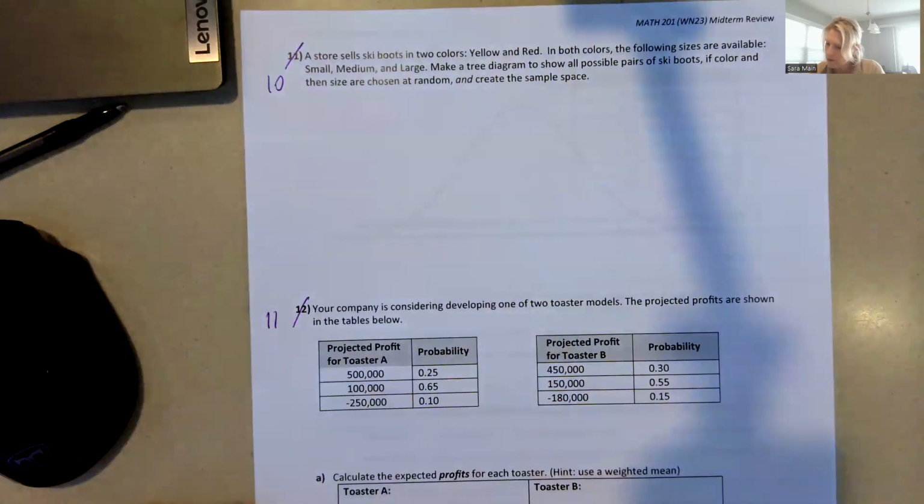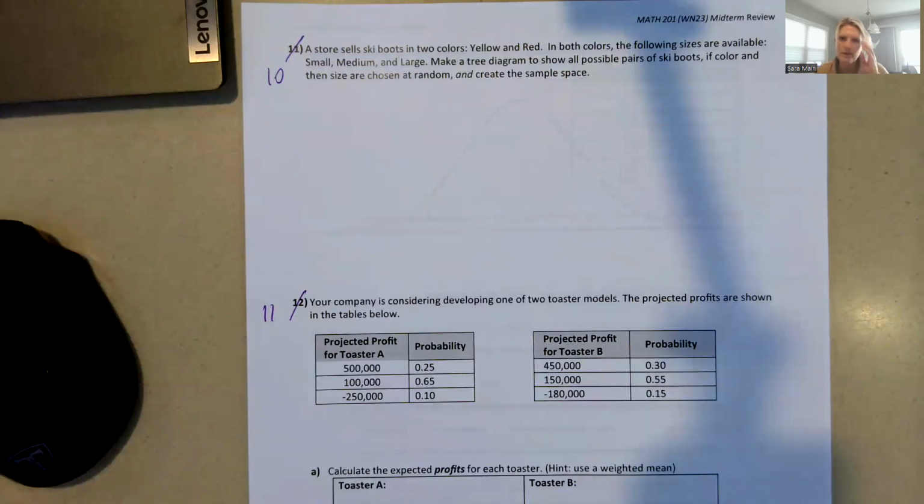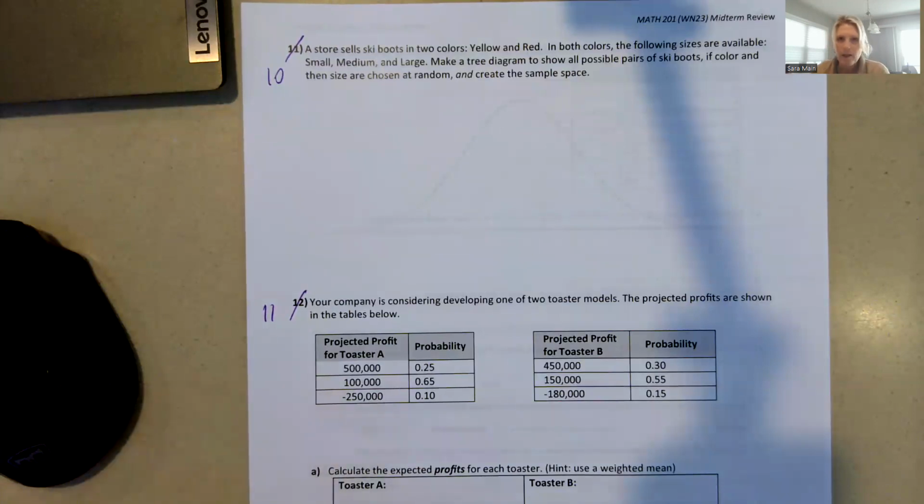So let's look at question number 10. Question number 10 says, a store sells ski boots in 2 colors, yellow and red. The following sizes are available, small, medium, and large. Make a tree diagram to show all possible pairs of ski boots if color and then size are chosen at random, and create the sample space.